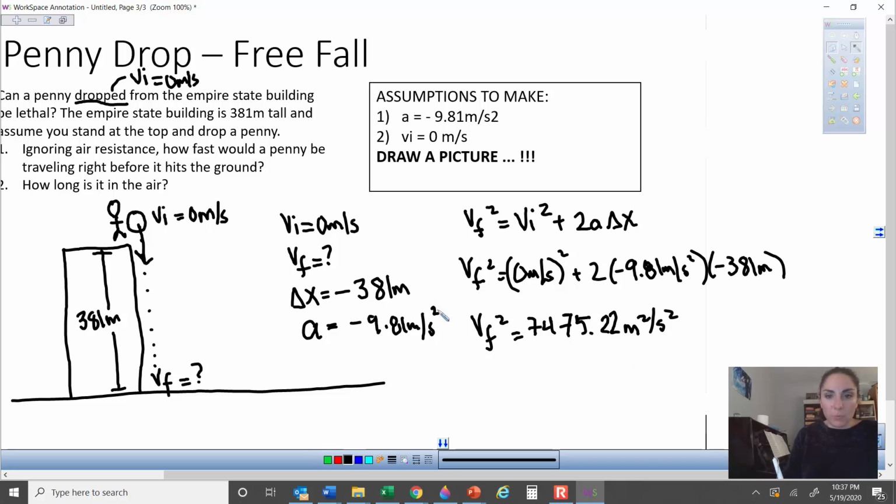Now I have to square root both sides to get rid of that square, so I'm going to go ahead and do that next step too, to solve for VF. Man, I'm just losing my mind on this because this thing is just awful.